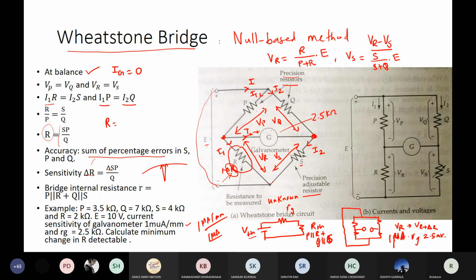Am I correct? Yes, sir. So in that case, what is the change in the potential difference across the galvanometer? Can someone tell how to go ahead with calculating? I think this is too clumsy.